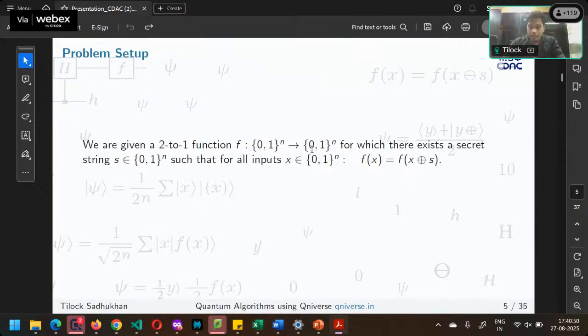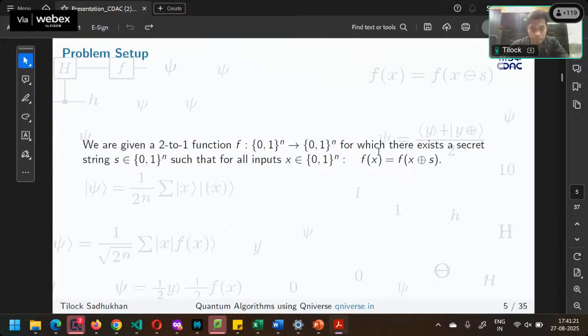For this function there exists a secret string s such that for all the inputs x, f(x) is going to be f(x XOR s), where x is bitwise XOR with s. Here f(x) is the output of the input that we are giving, and x belongs to the set of n-bit strings, and following this condition there will be a secret string s.